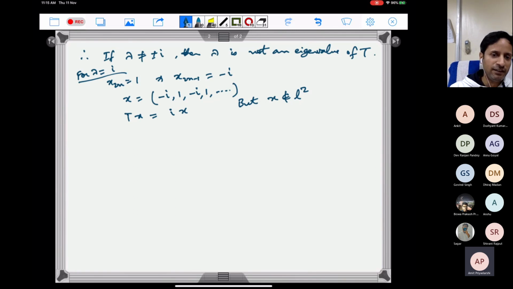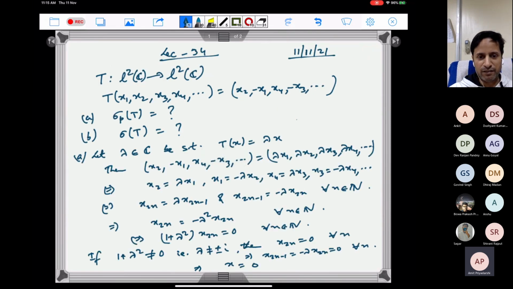But what I can do, rather than this, is take say x2 equal to 1, and then x1 is forced to be equal to minus iota, and then I can take the other x_n to be 0, that is x_n equal to 0 for n bigger than or equal to 3. Then you see that it satisfies this equation.